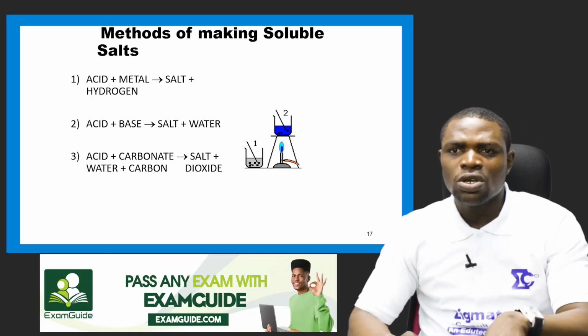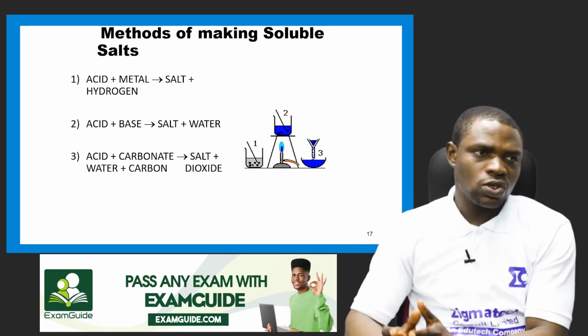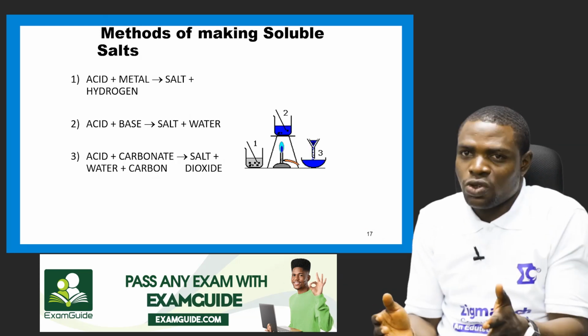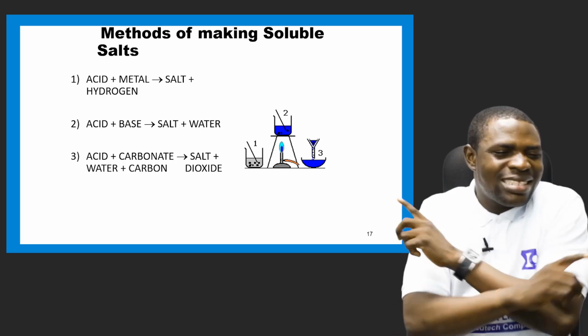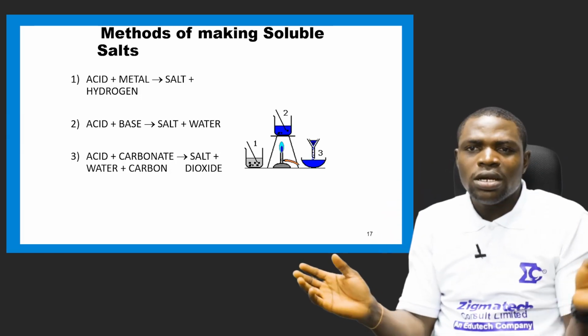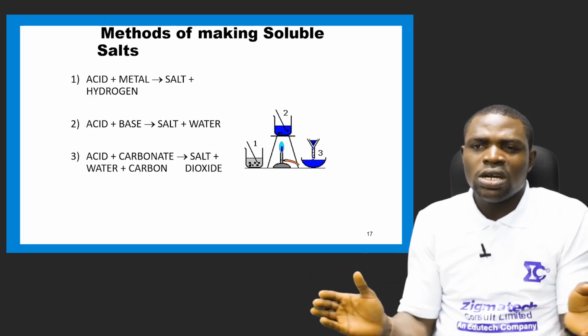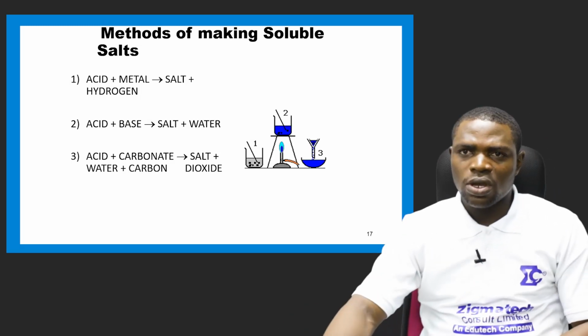So these are ways of making salt. You can see that in the three equations, we are able to make our salt. There are in fact more than enough methods, but fundamentally in chemistry, the three easiest ways of getting your salt are number one, react your acid with metal, number two, react your acid with base, and number three, react acid with carbonate. When you do this, you are going to get your salt.